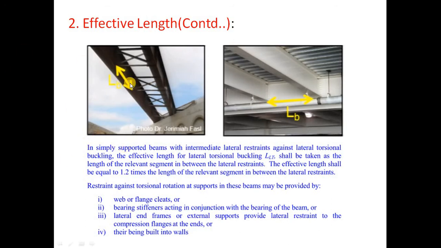You can see in this diagram the lateral restraint is given by these bracing systems, and the length between these lateral restraints is taken as the effective length. And in this diagram also, if this is your main beam, the lateral restraint is provided by these secondary beams, and the length between these secondary beams is taken as the effective length.